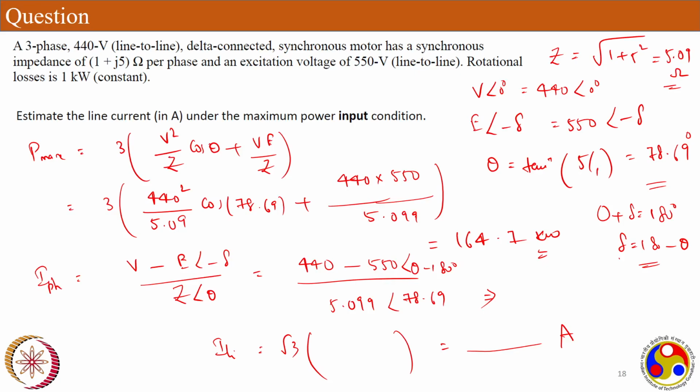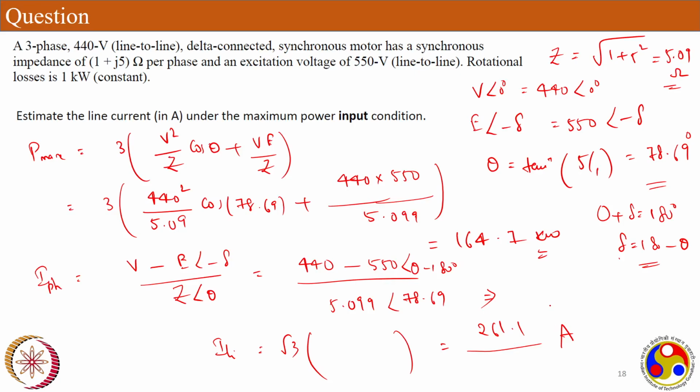Okay, so you have calculated, Dinesh. The answer you will get would be 261.1 amp. You please verify with your calculation also.